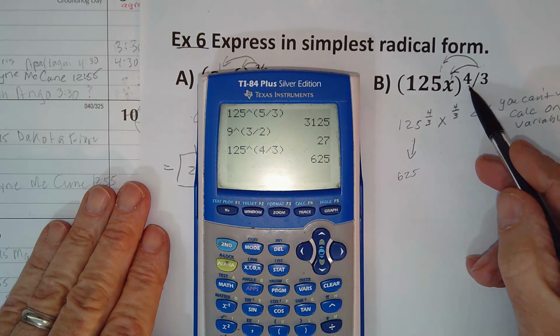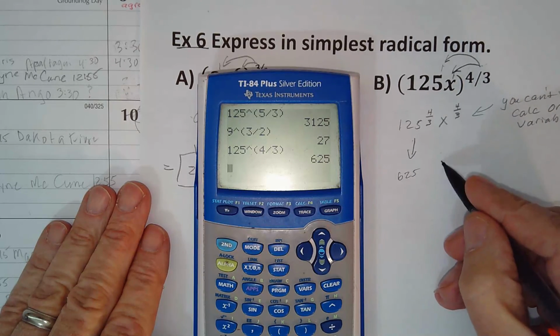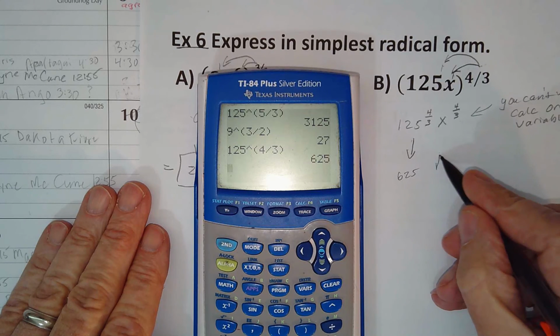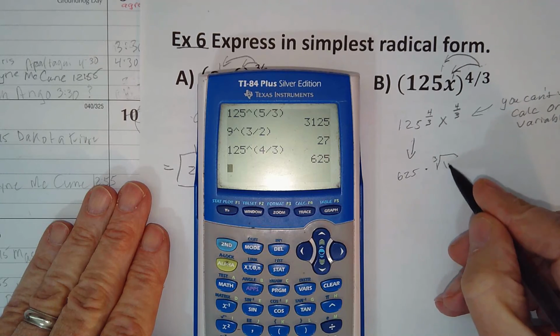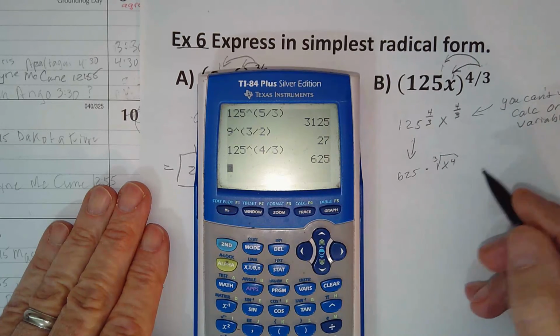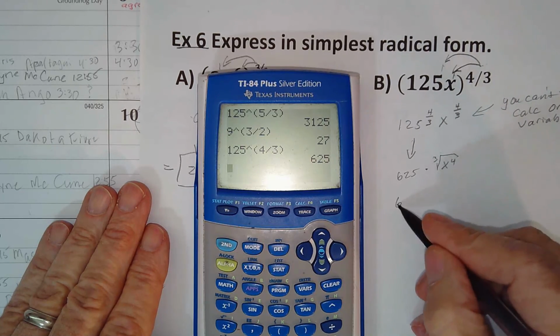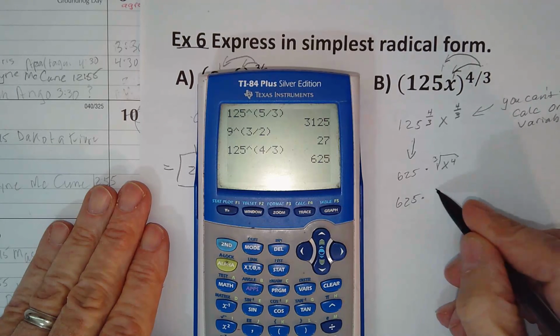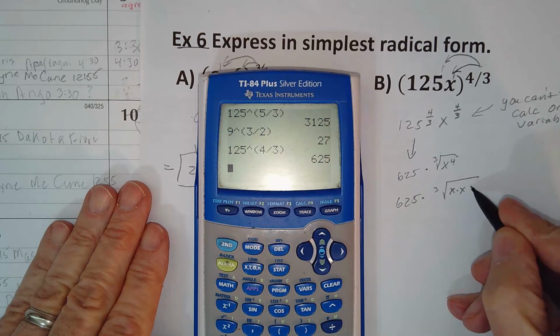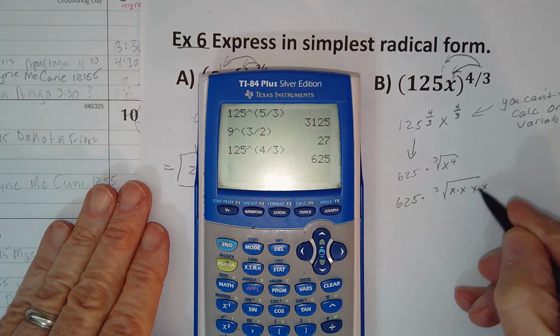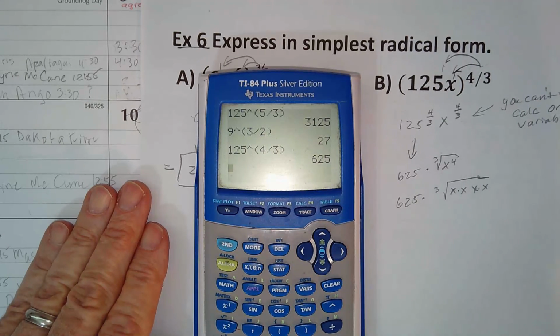Remember, the 4 is the power, the 3 is the index, so this would be the cube root of x to the 4th, which is the same as the cube root of x times x times x times x. So we're just doing it the long way.